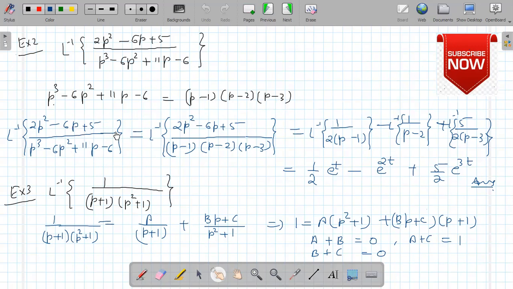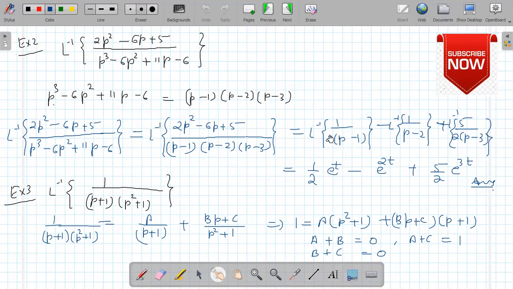Then this function can be written like this, and because these are linear, the partial fractions will come out to be 1 upon 2 into (p minus 1) minus 1 upon (p minus 2) plus 5 upon 2 (p minus 3). So the Laplace inverse of this whole function will be equal to the Laplace inverse of each of these three functions.